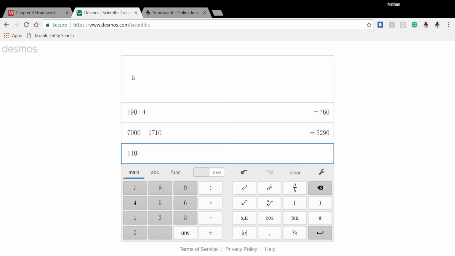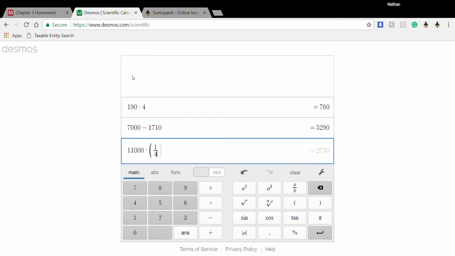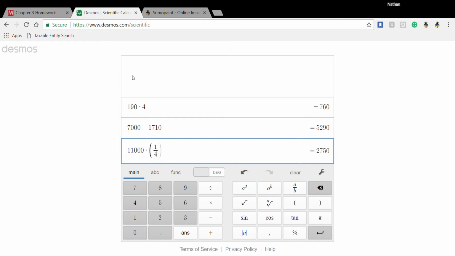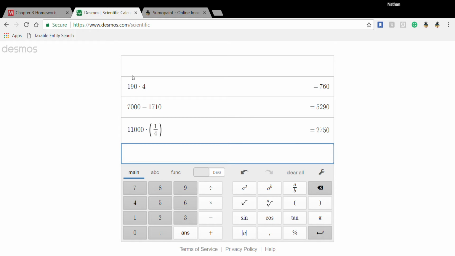So we're going to take the revenue and multiply it by 1/4. You can put in parentheses 1 divided by 4, or multiply it by 0.25 if you know how to do percentages, and that will tell you how much we've actually earned.